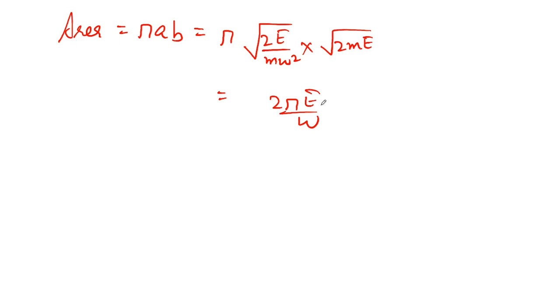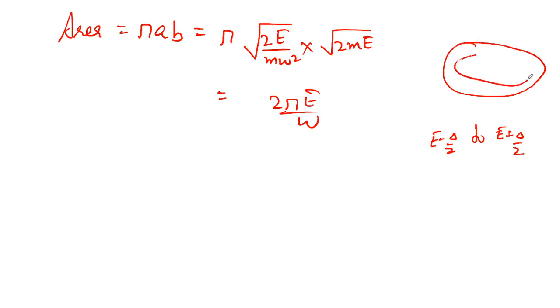So the area is directly proportional to E. And if we restrict the oscillator energy from E minus delta by 2 to E plus delta by 2, the representative points will be confined to the phase trajectories which lie within this region, which is bounded by these elliptical trajectories. And if we change these values, they will be bounded something like that.